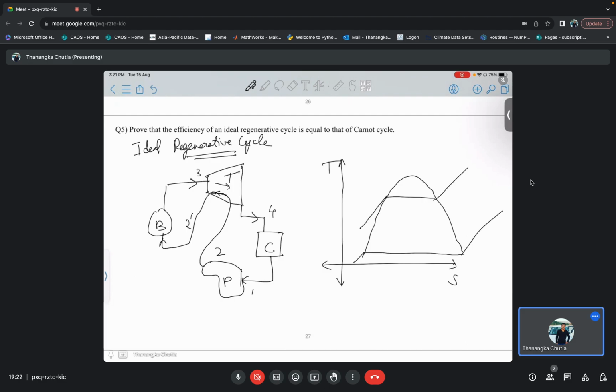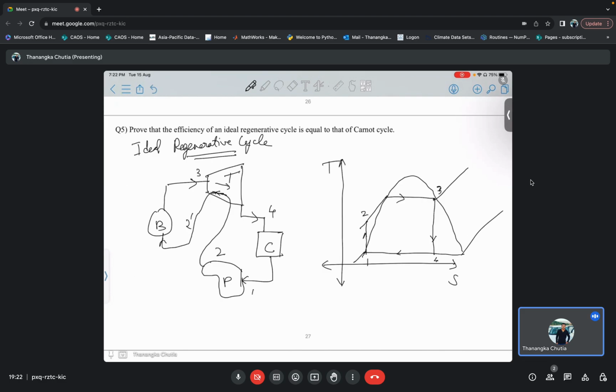In the earlier case, if this was my point 2, this was my point 3, then this would have been my point 4, and this would have been my point 1. This was my earlier case, if I had not performed any type of regeneration.